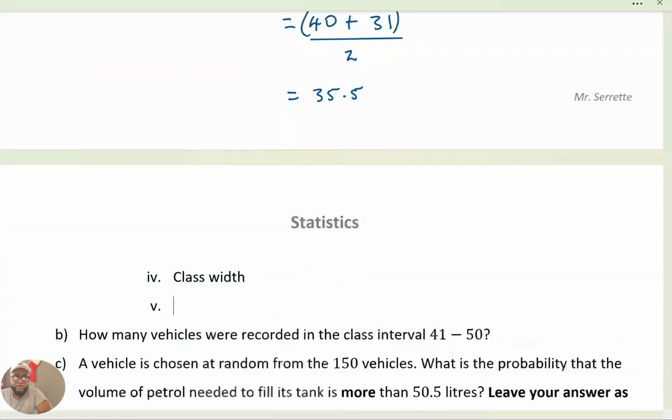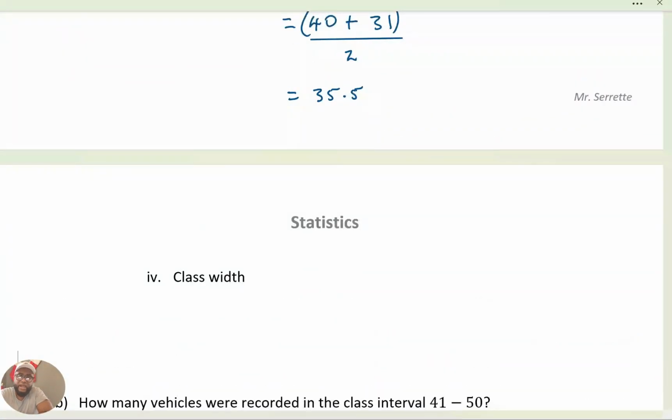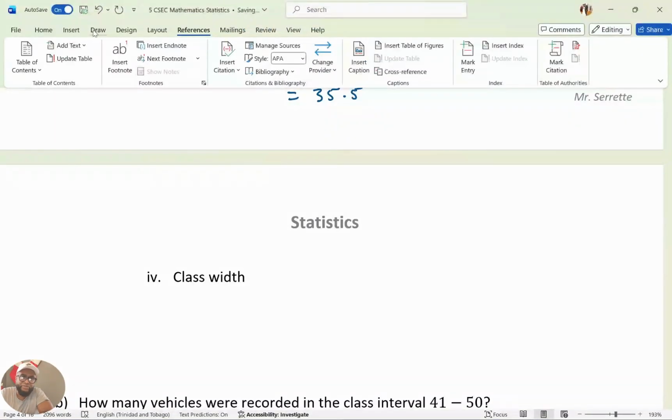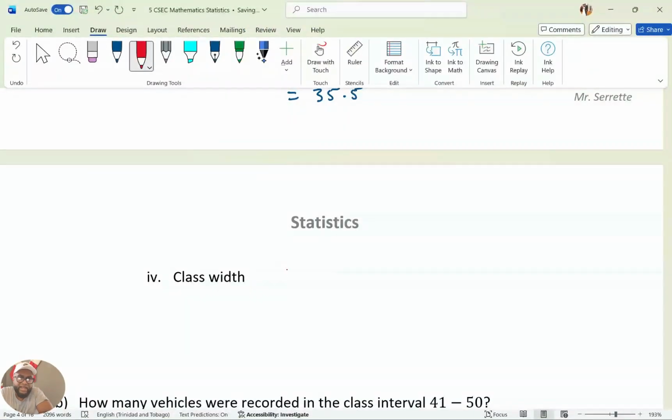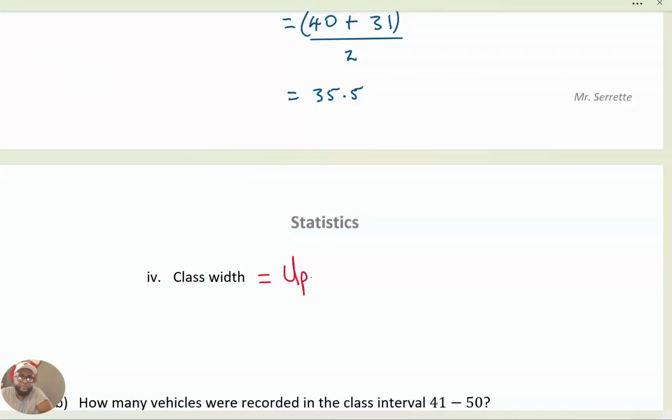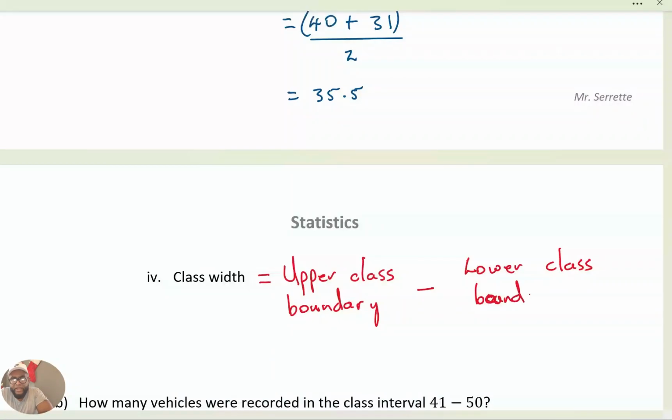Right, so we go into our class width. Somebody remember the formula for class width? I don't remember it. Formula for class width. Upper class boundary take away lower class boundary. Divided by anything?